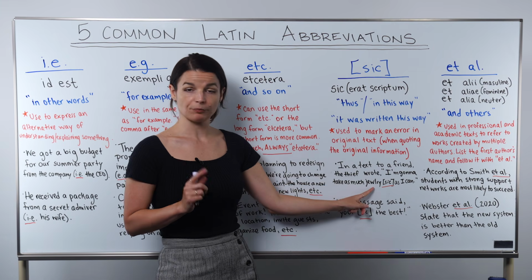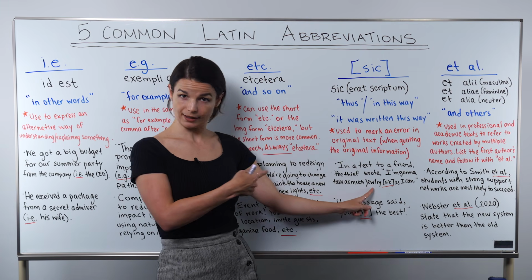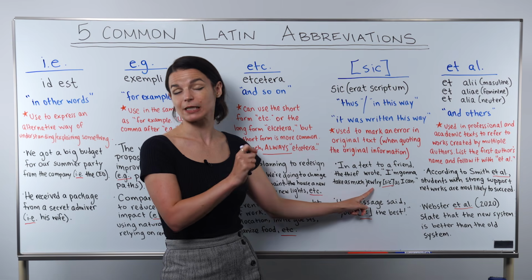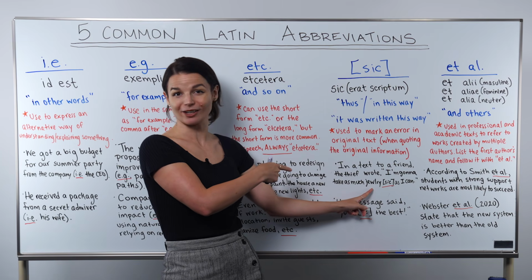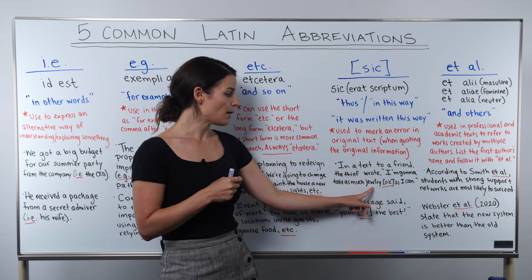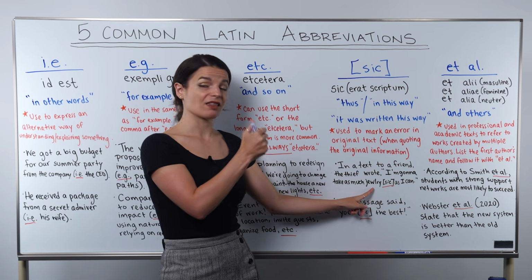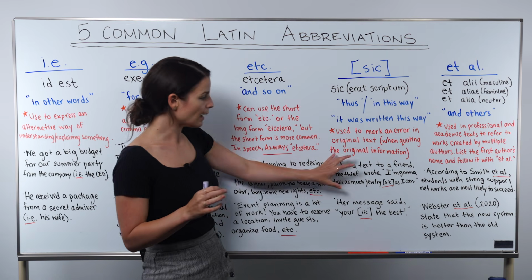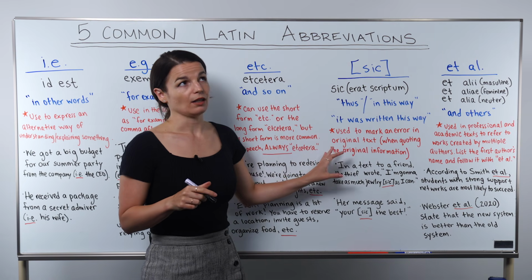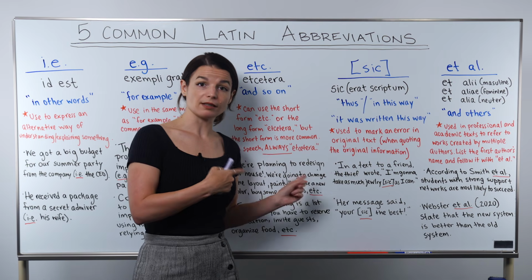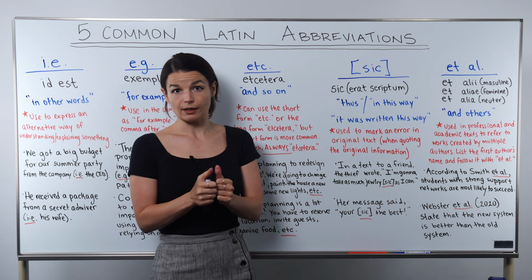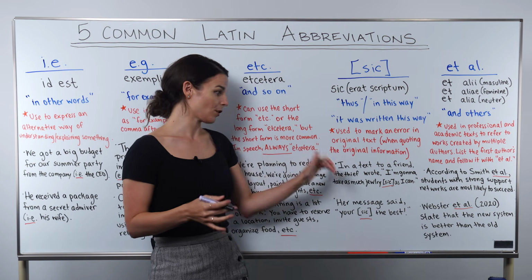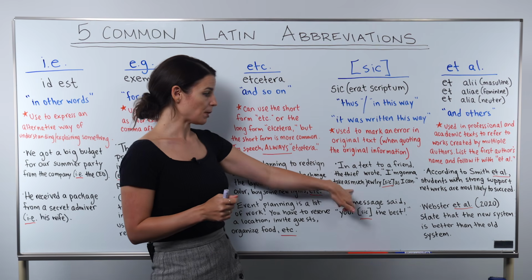So why is this here? This is here because jewelry in this sentence is misspelled. There's a spelling error. This is not the correct spelling of jewelry, okay? But this is the way the thief wrote the text. The thief wrote a spelling error. So you might see a sentence like this in, let's say, a news report about this situation. When you want details about the suspect or about the crime, you might include this information.